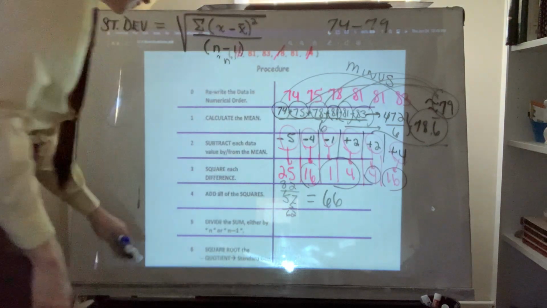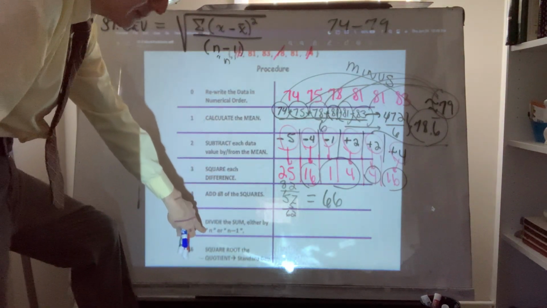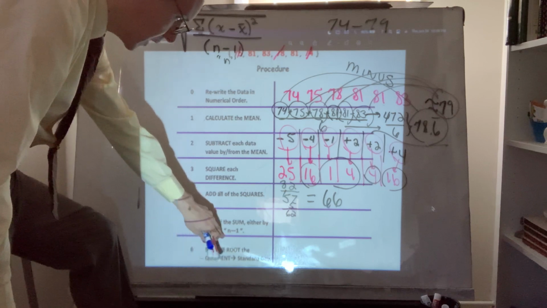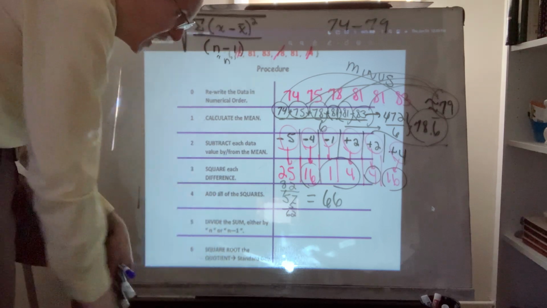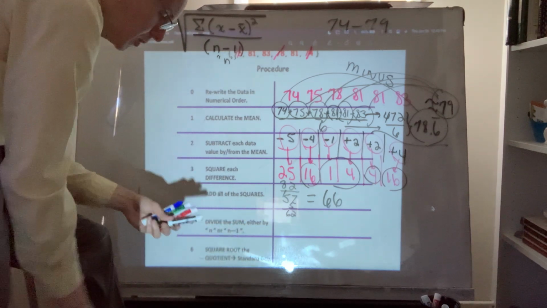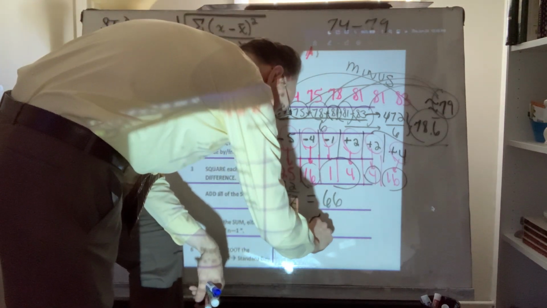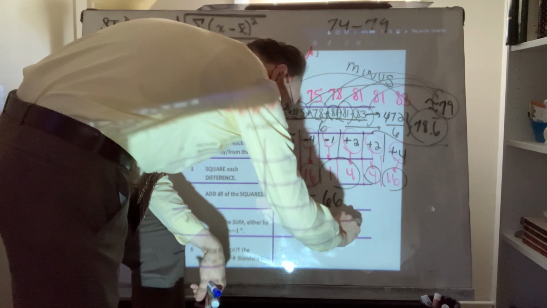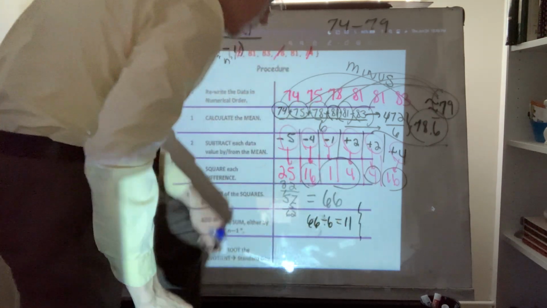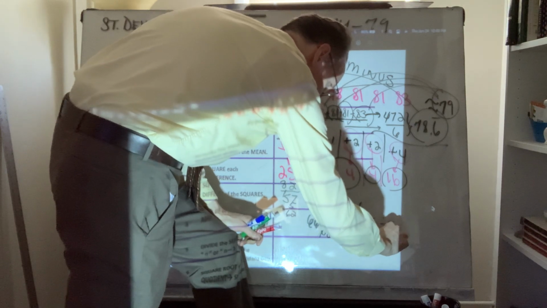All right, now at this point, you're going to divide the sum either by, if you want a population, divide by 6. That's intuitive, right? If you want a sample, divide by 5, because that would be 6 minus 1 is 5. I'll do both. If you divide by 6, 66 divided by 6 would naturally be 11. If you did 66 divided by 5, this is a sample.